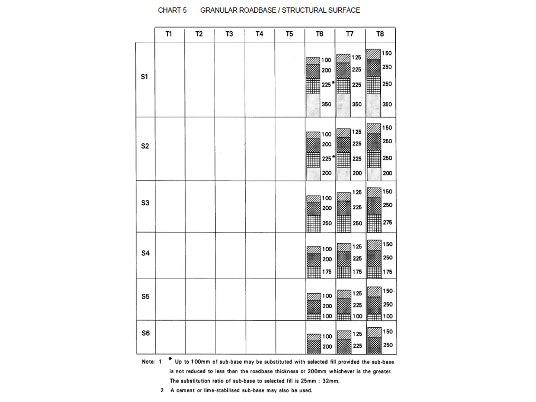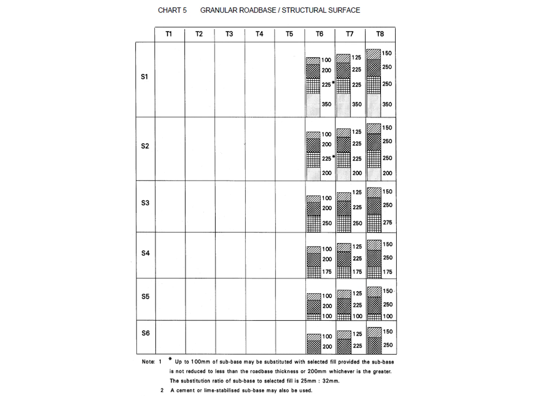Now if I look at this chart, let's say the traffic class is T7 and the subgrade class is S4. So T7 and this is S4. So it means this is the cross section of the pavement. So you can see the thicknesses of the different layers.